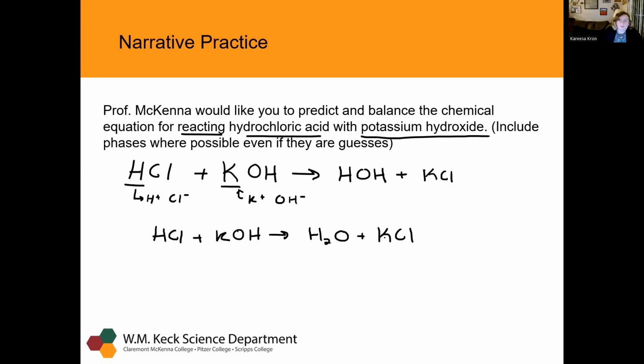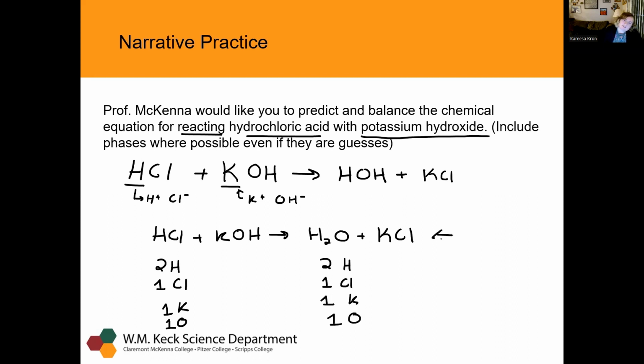And so if we count the atoms we have on both sides of this expression here, we have 2 hydrogens, 1 chlorine, 1 potassium, and 1 oxygen. And on our product side, we still have 2 hydrogens, 1 chlorine, 1 potassium, and 1 oxygen.